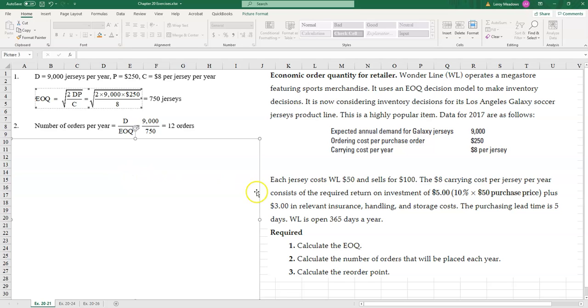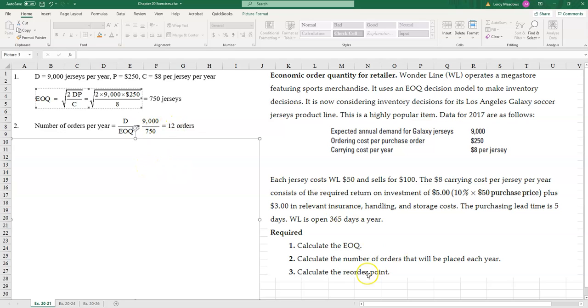So basically, I'm ordering once a month. I'm going to need to make 12 orders throughout the year. So that's the number of orders that we place each year. I simply take my annual demand and divide that by the economic ordering quantity of how many I'm going to order each and every time, and that will give me the number of orders.